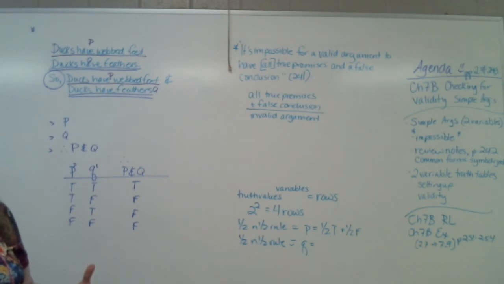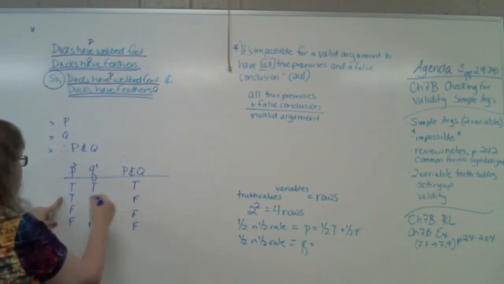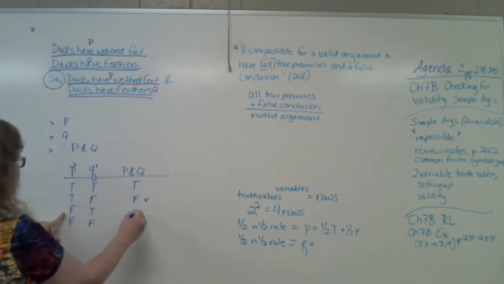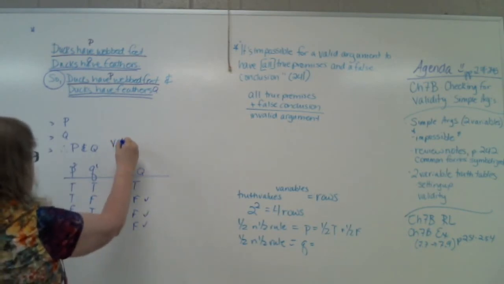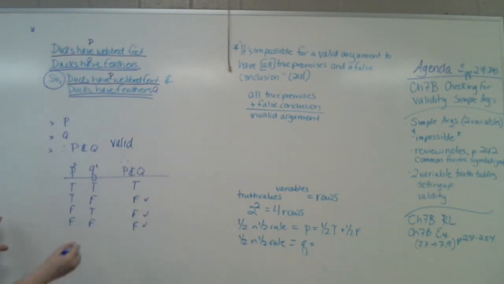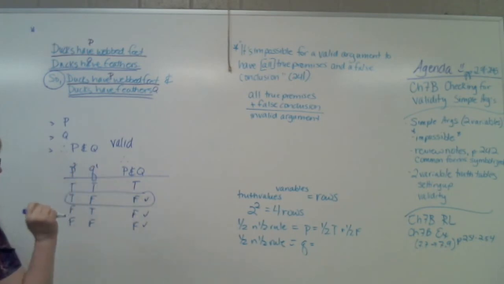When we get to longer arguments, your best, easiest way to go is to just look at your false conclusions and see if any of them have all true premises, okay? So this one, nope, has one, so it's okay. Has one, it's okay. Has two, it's okay. This is a valid argument, okay? As long as in each of these rows, I have at least one false premise, I can keep my false conclusion and my argument is still valid, okay?